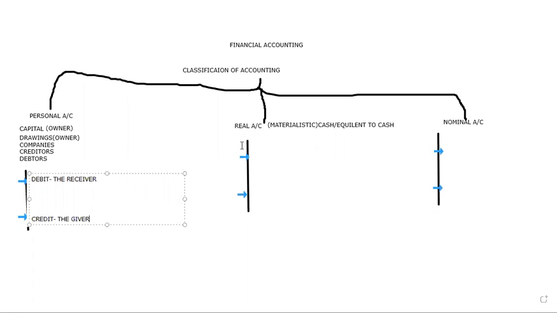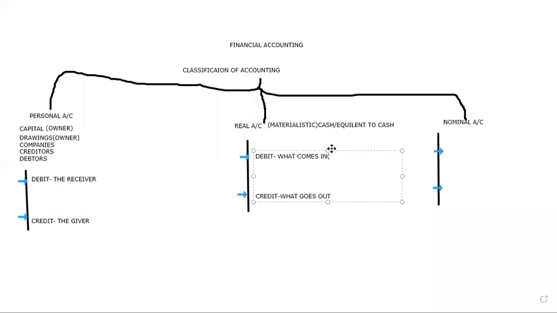And the next one is the real account. This, as I said, is a materialistic format. So in the materialistic format, again I'm going to divide as debit, but we call it what comes in, and the credit I'm going to write as what goes out. In simple terms, in debit I'm going to have assets, which increase my value; having them is like increasing my value.